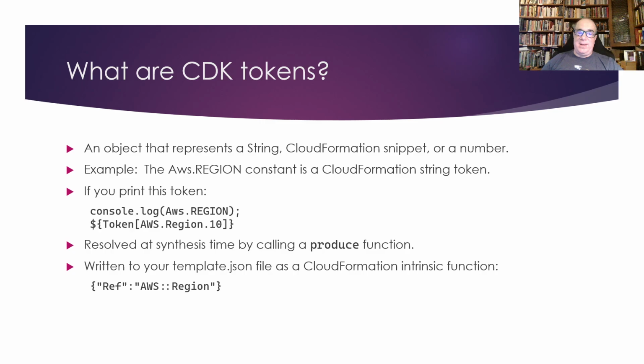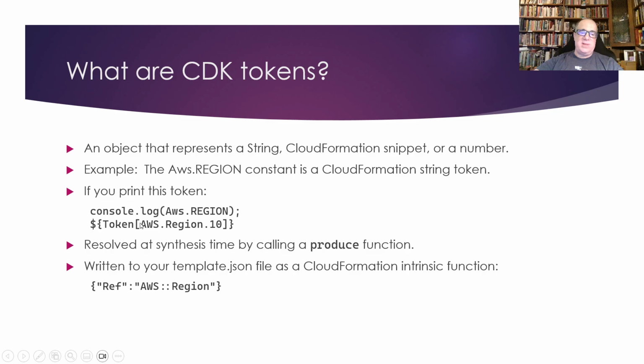Now, if you print the AWS region token, you're going to get a strange string. It starts off with a dollar sign, and then a bracket. It says the word token, and then a square bracket, and it's got those again at the end. This is the part that tells the CDK that this part of the string is a token and it needs to be resolved before we write it out to the template.json file.